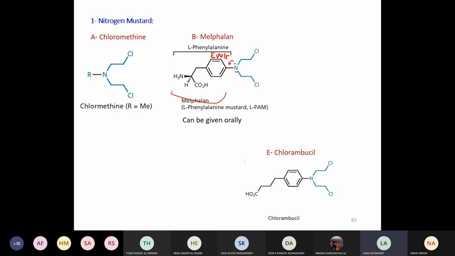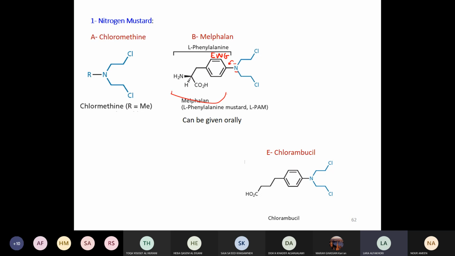So when they added this group, they expected better transportation, because it will be actively transported to cancerous cells, as they need phenylalanine more than normal cells. The transporters will carry it faster and in greater amounts inside the cancerous cells.